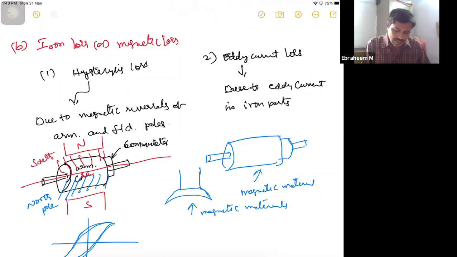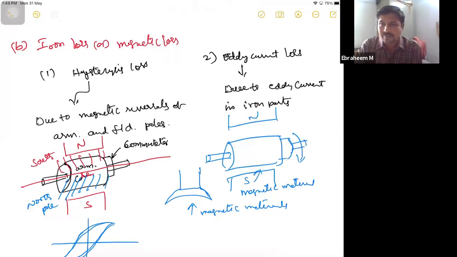What is happening here? This iron part is rotated, so it is under the influence of magnets. This iron or steel, whatever the material the armature core is made of, is a conductor only. So this conductor is being rotated in the magnetic flux.